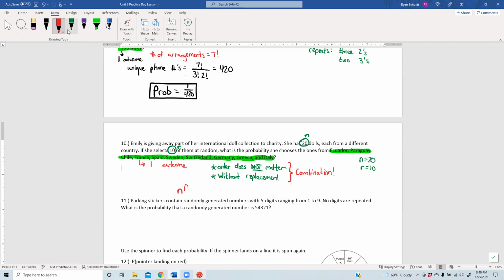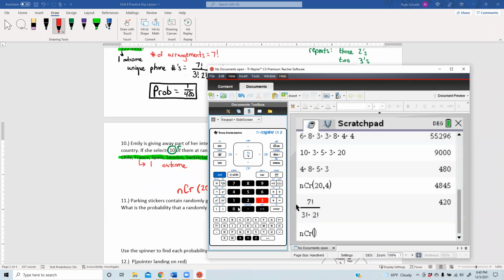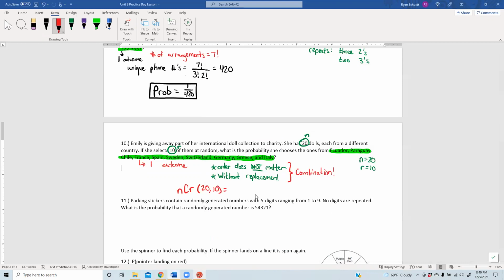And our calculator, NCR 20, 10. 184,756.